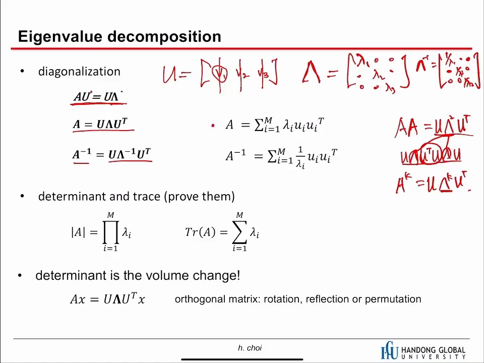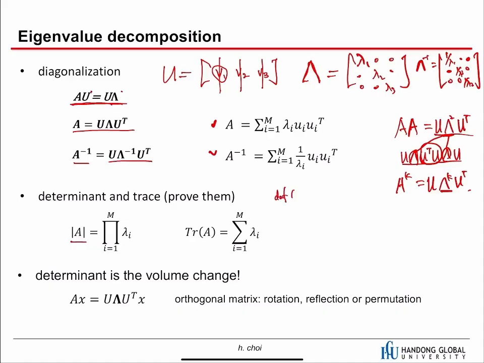Element-wise, we can understand this equation in this way too. When we calculate the determinant of a matrix, it is also simple if we have an eigendecomposition.